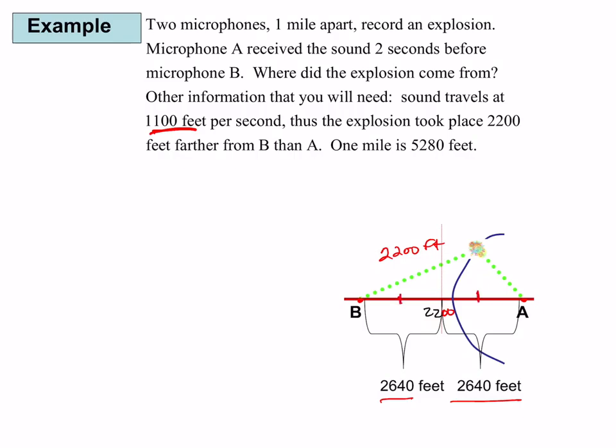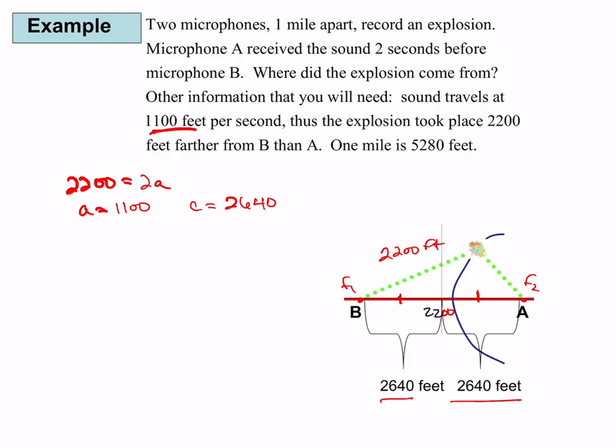So that 2,200 is 2A. So A is 1,100. We don't know B, but we do know C, because the microphones are at the foci. So we know C is 2,640.